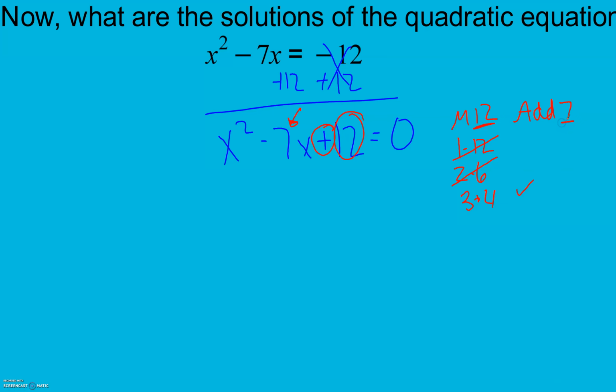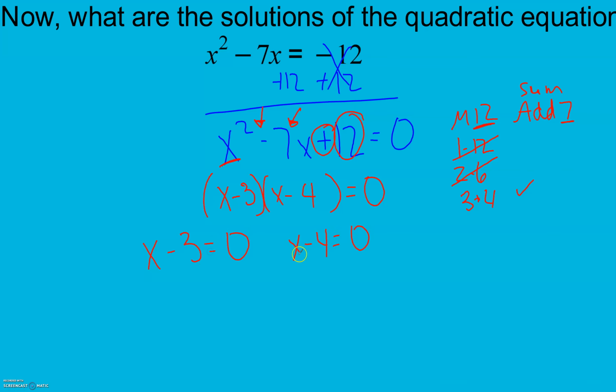To multiply to x squared is x and x. To multiply to positive 12, I found the sum here, so my signs are the same. The middle tells me what those signs are. Here, they're both negative. So 3 and 4. Now, my zero product property says the only way that I multiply to 0 is if one of my factors was 0.